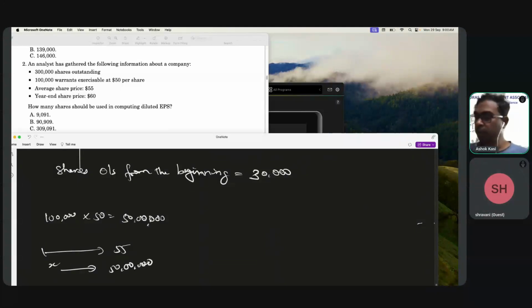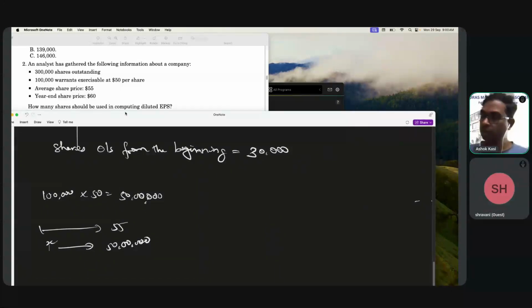Just cross multiply: 90,909. So remaining, you are supposed to give 1 lakh shares, so the remaining you are going to create.